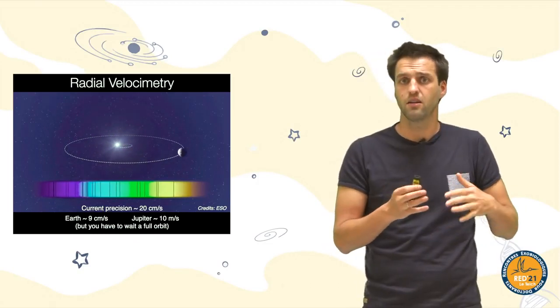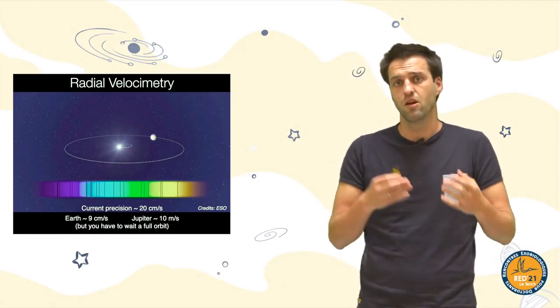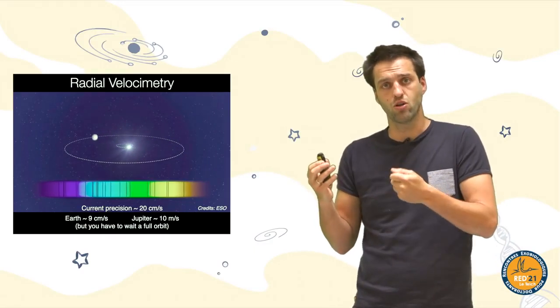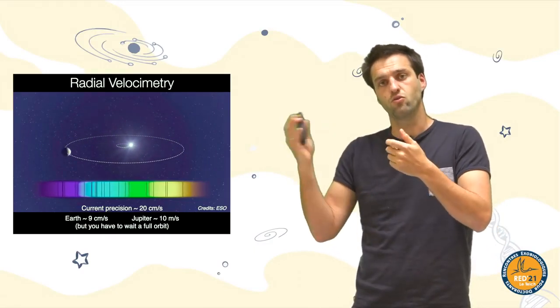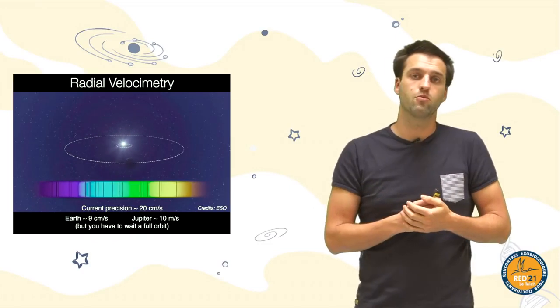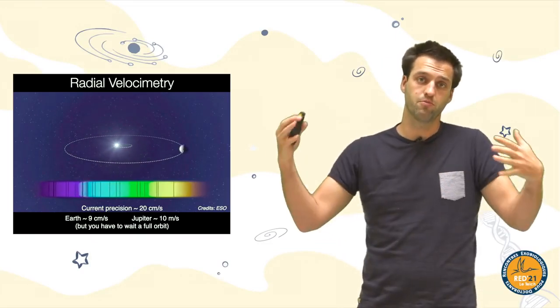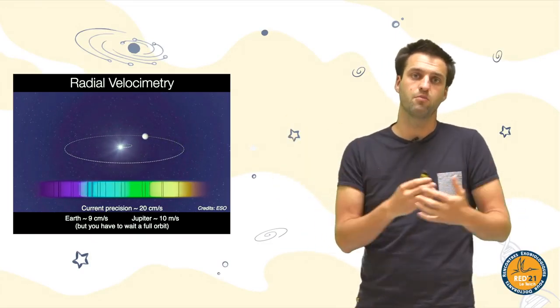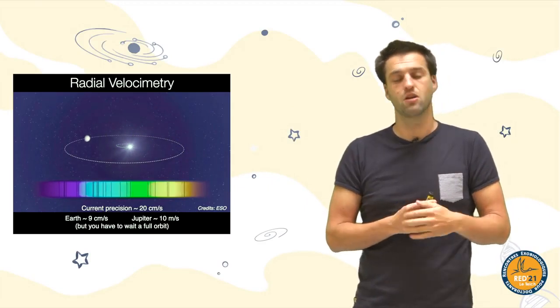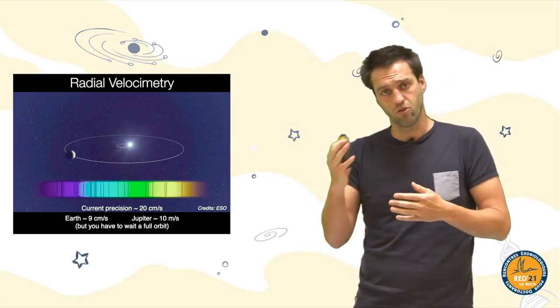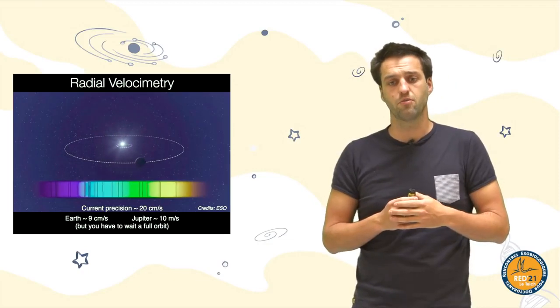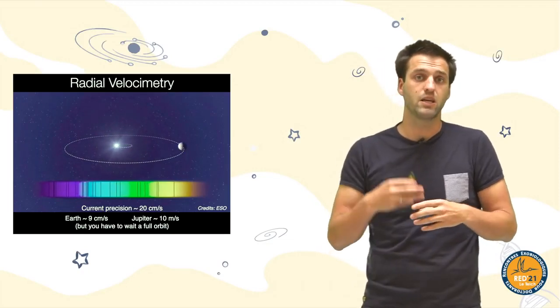So it's actually impossible for the moment to measure the motion of the Sun due to the Earth. But Jupiter is much more massive, so it will imprint a much bigger motion on the star. The motion induced by Jupiter on the Sun is about 10 meters per second. So actually we can measure this.